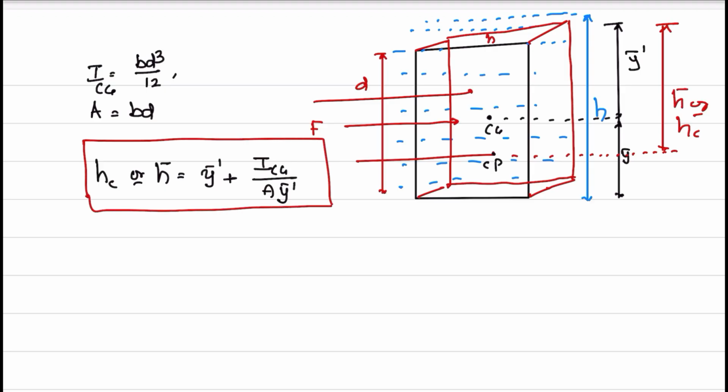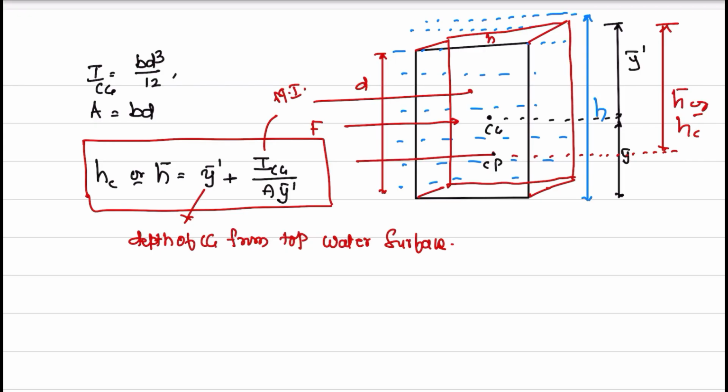From the formula you can say this is the depth of the center of gravity from the top water surface. All values are calculated from the top water surface, I is the moment of inertia, and A is the area of cross section.